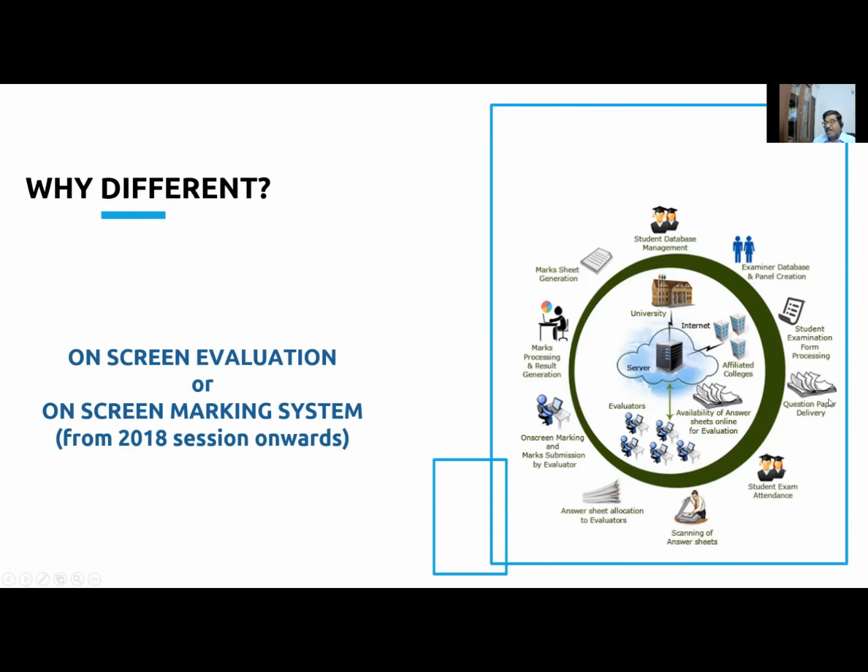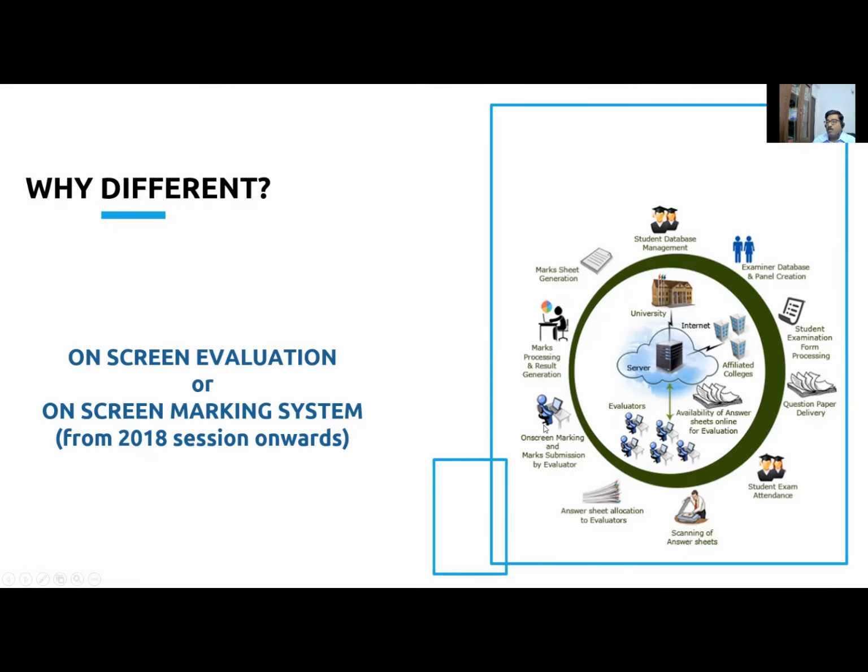Question paper delivery is done through the computers, and the student attends the exam. The college or center collates all the answer sheets and sends them to the university, where scanning is done, and the answer sheets are remotely mailed or given access to the evaluators.